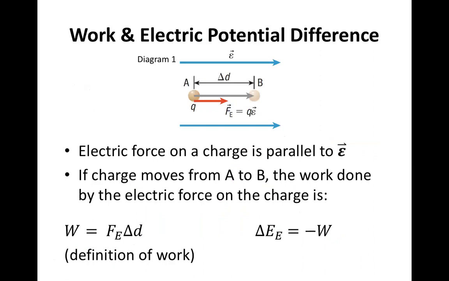So it is also true for the electric potential energy difference. So the sign of the work done by the electric field, we're going to see that it's the opposite sign to the change in potential electrical energy. So now we have the diagram.